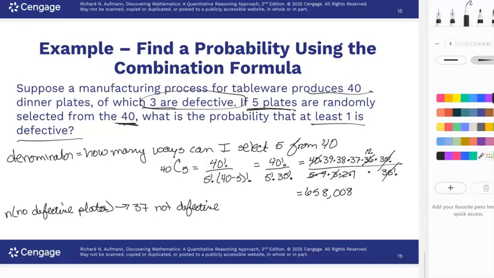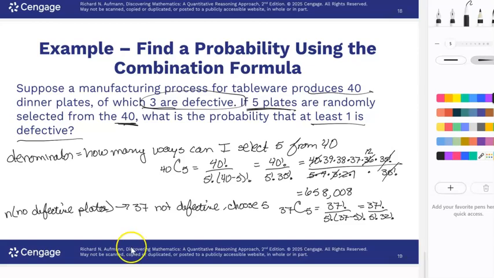And we want to choose 5 of those. So this is going to be 37 C 5. So this is going to be 37 factorial over 5 factorial, and then 37 minus 5 factorial, or 37 factorial over 5 factorial, 32 factorial.